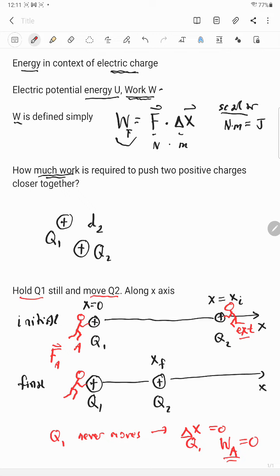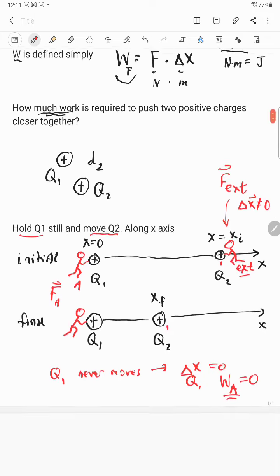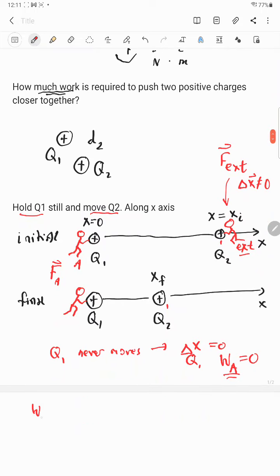EXT is for external. So person B supplies what's referred to as an external force. And this external force is going to operate over a displacement that is not 0, because we start at some x initial and we end up at some x final. So we fully expect the work by this external person, person B over here on the right, is definitely not going to be 0.